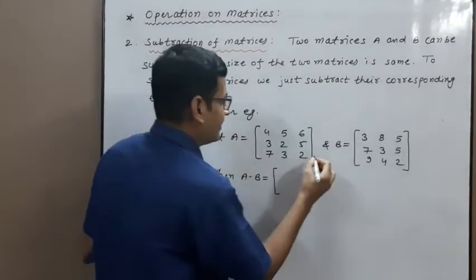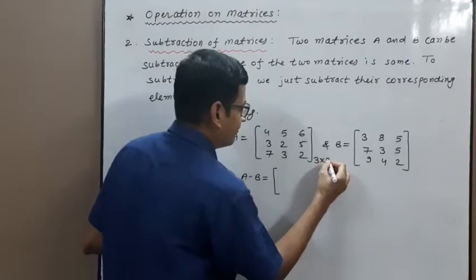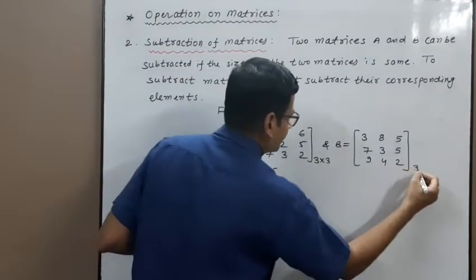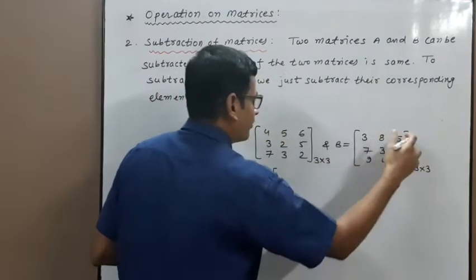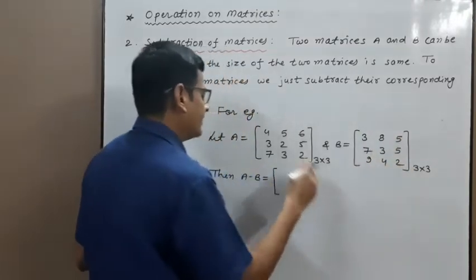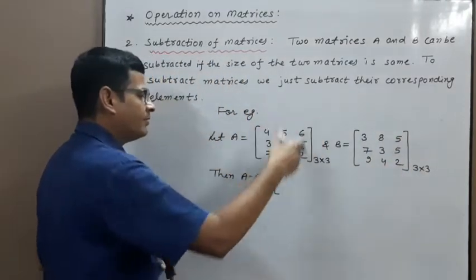First check both the matrices are of the same shape. Yes, this is 3 by 3 and this is also 3 by 3. Number of rows 3 and number of columns 3.